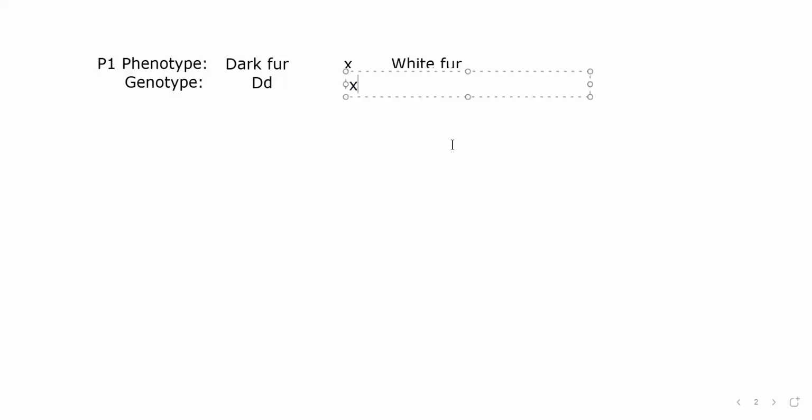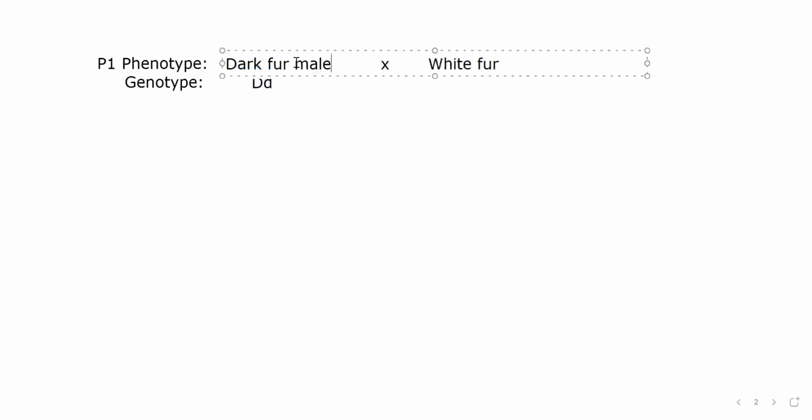Now, another mistake that we usually make: sometimes we'll write here the phenotype just because it's so long. So I'm going to write here dark fur male. And then you see it's very long, it's extended.